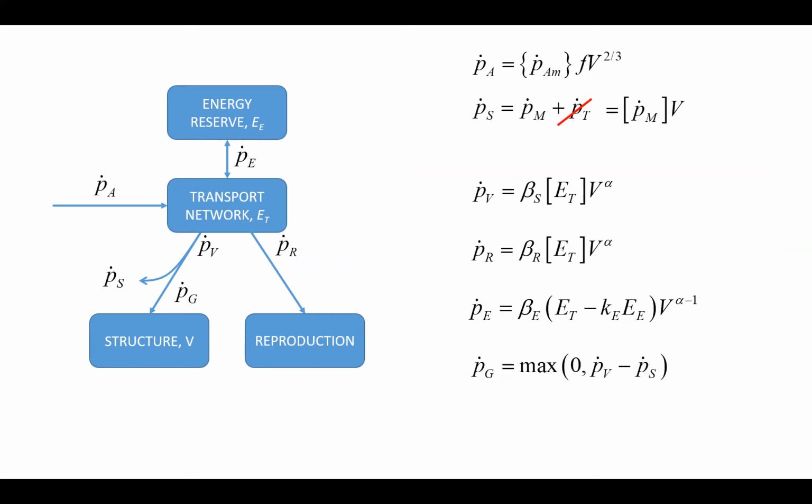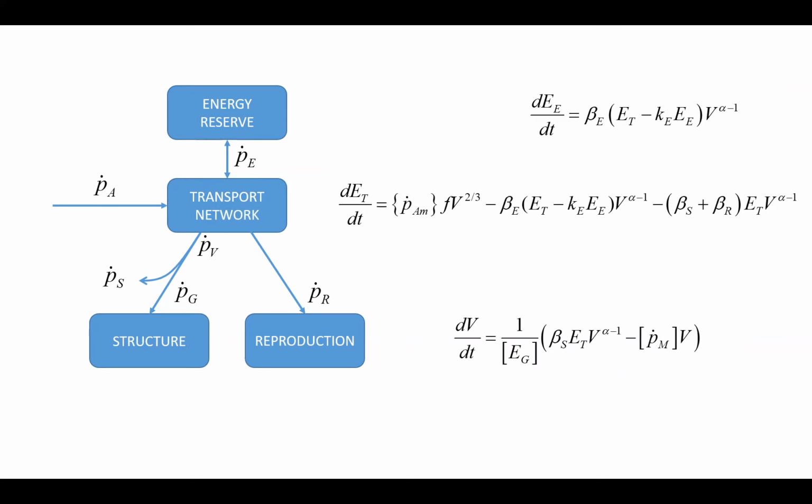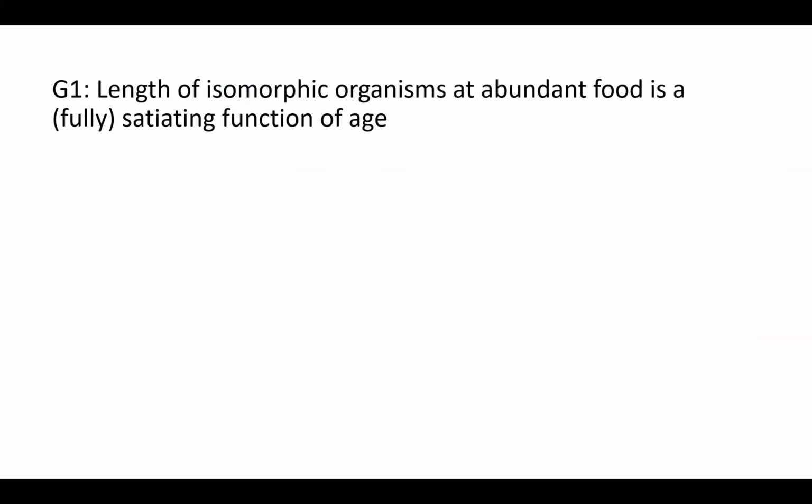The exchange is given by the previous equation, and the growth is just given by what is left in the somatic branch once maintenance has been taken out. So these are the equations. They're here if you want to scroll later, but we don't have time to go through them.